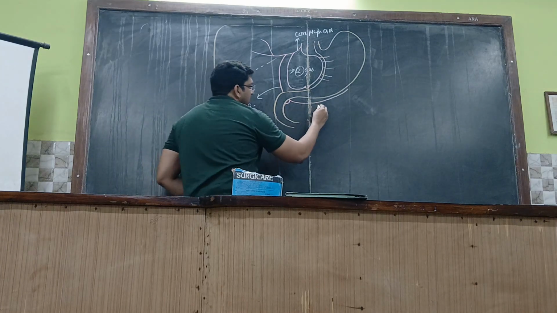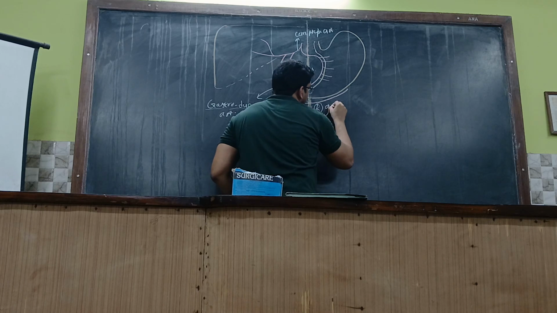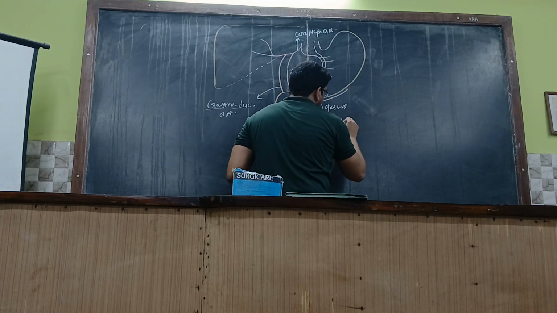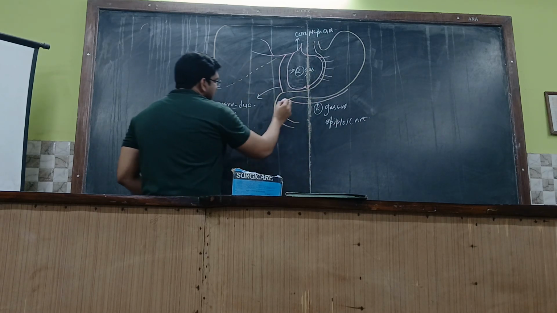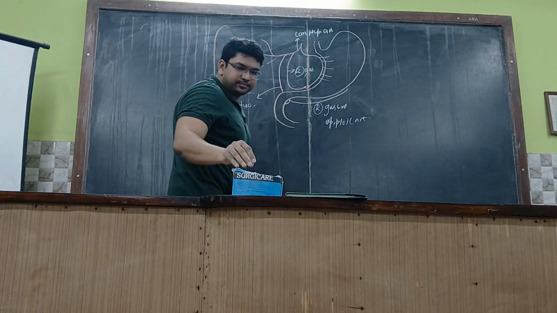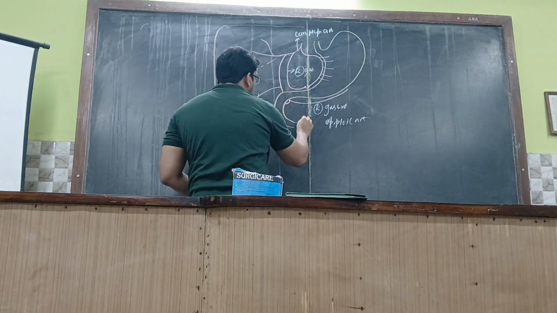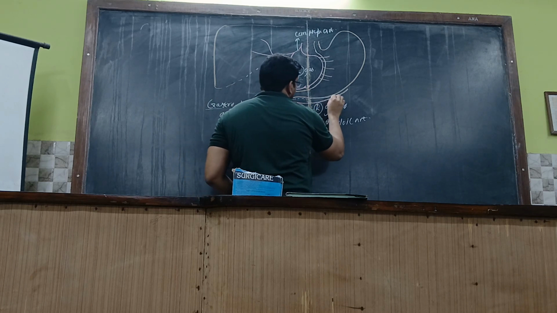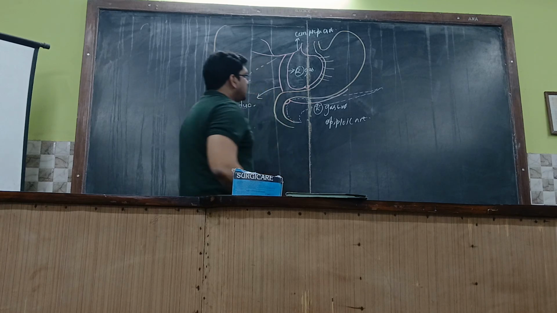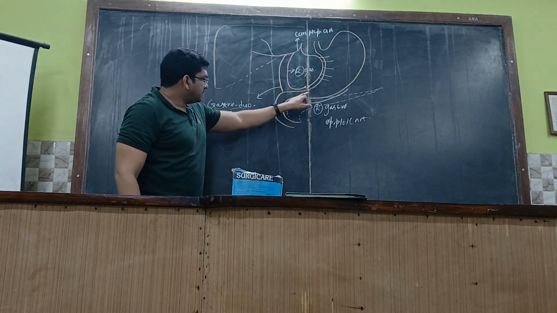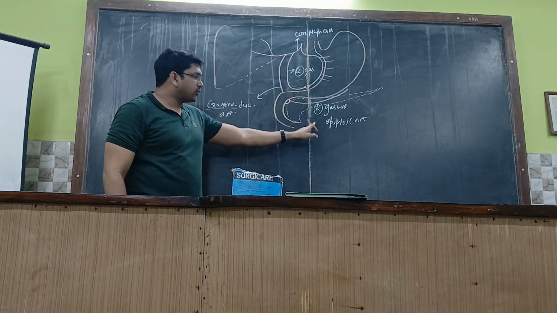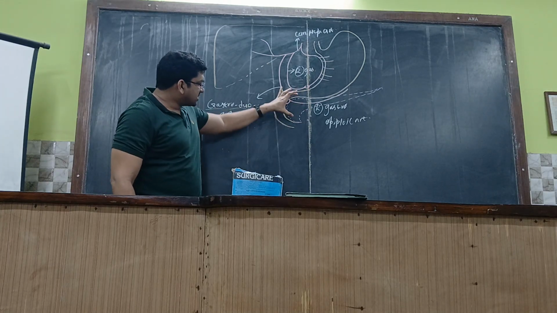One is the right gastroepiploic artery, and one is the superior pancreatic branch, which goes in between the... See here, just below the stomach is the duodenum, of course, and within this curvature of the duodenum, first part, second part, third part, and fourth part, will be the head of the pancreas.